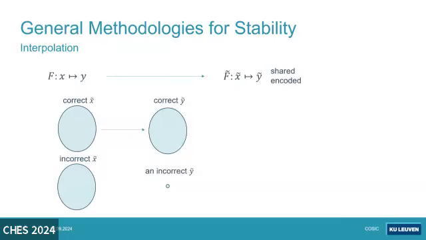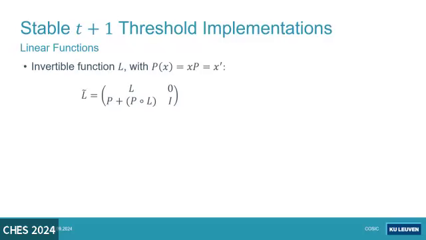What we do next is map all the correct input code words to the correct output code words, and map all the incorrect input code words to a randomly chosen incorrect output code word. So now we know that this list is finite, which means that by using interpolation, we can find such a function which is shared, encoded, and stable.